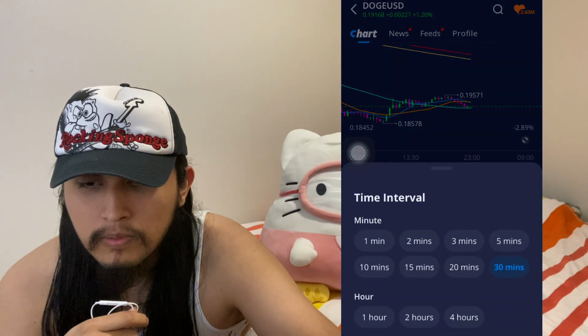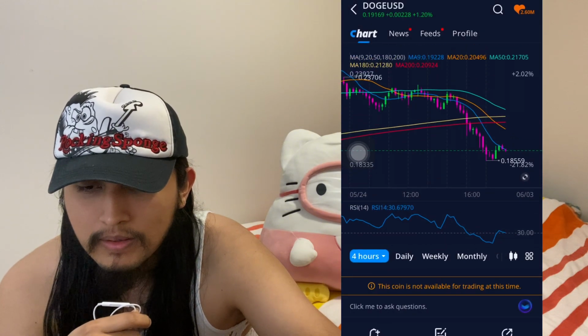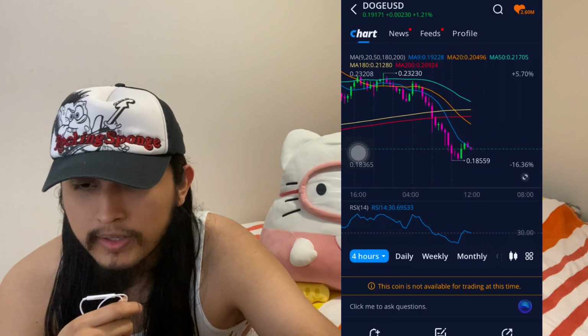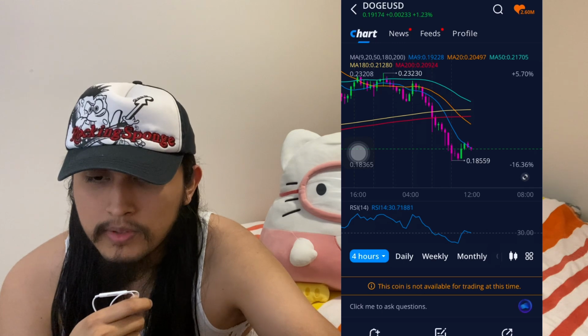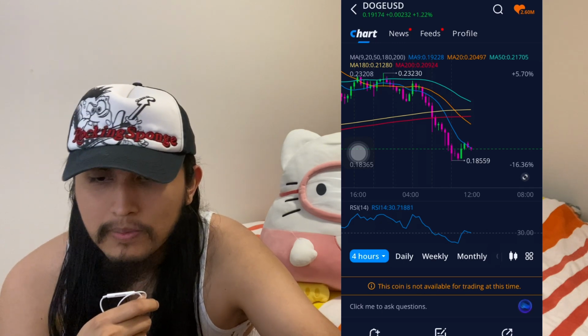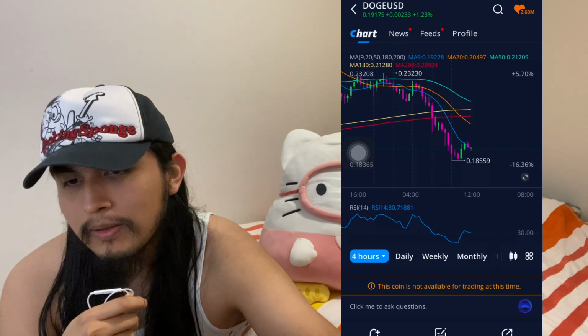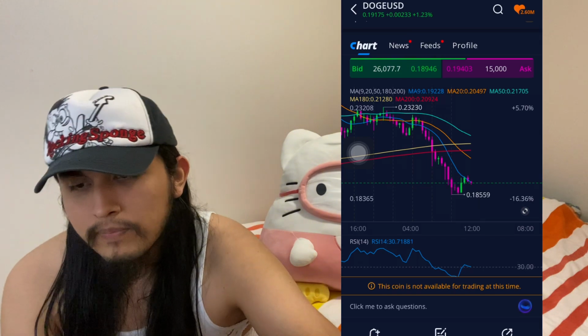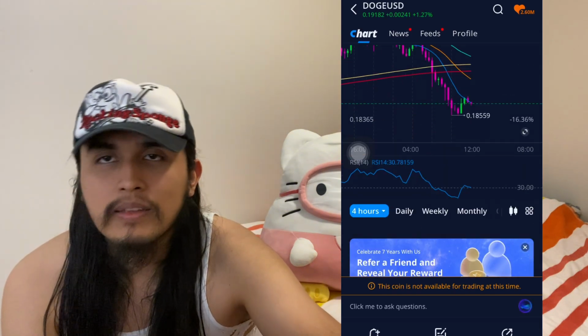On the 4-hour time chart, it looks like it's having trouble breaking the 9-day moving average. It's gotten rejected 3 times already, so it's not looking so good for Dogecoin.